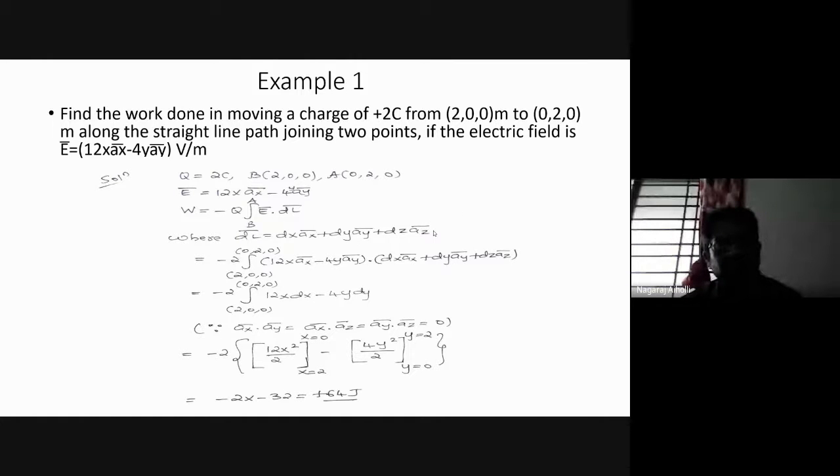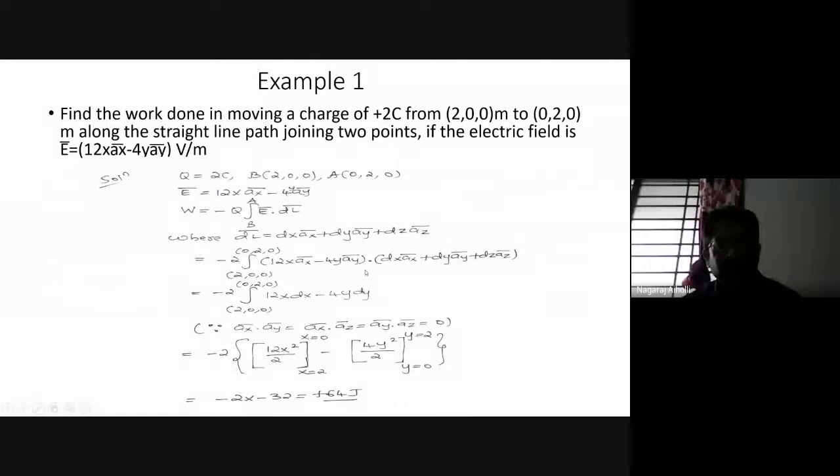The dot product of a unit vector with itself is 1. Similarly, minus 4y ay bar dotted with dy ay bar: x with x component, y with y component, and z with z component, that is how you perform the dot product. Ay bar dot ay bar is 1, so it will be simply minus 4y dy.